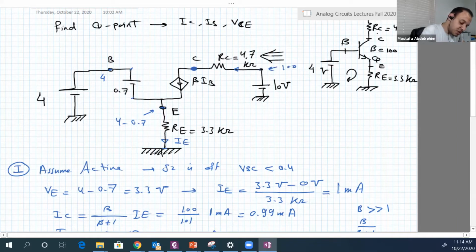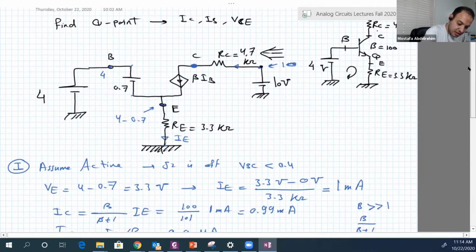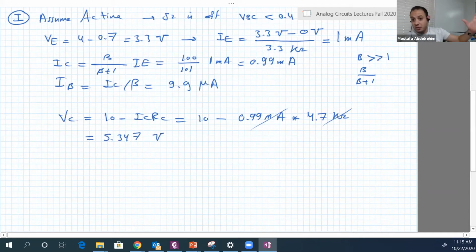So VC is equal to 10 minus IC RC. 10 minus IC, 0.99 milliamperes, times RC, 4.7 kilo ohms. That's good because milli will go with kilo. So VC will be equal to 5.347 volts.